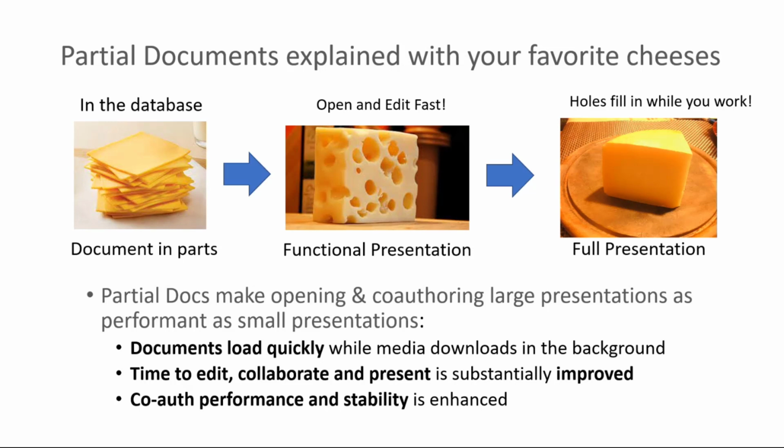But now we break it up into slices and store it in the database as such. It's a completely different method for storage and transport, and that allows us to give you the whole functional presentation very quickly. As you saw in the chart earlier, the large part is images and video.